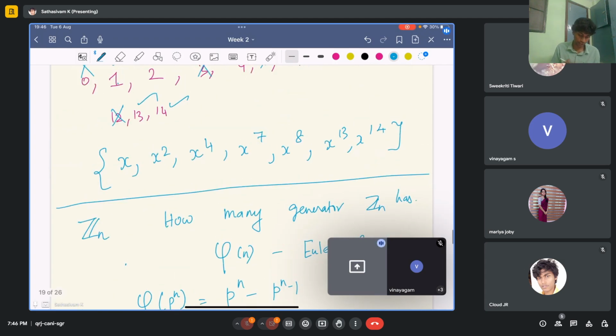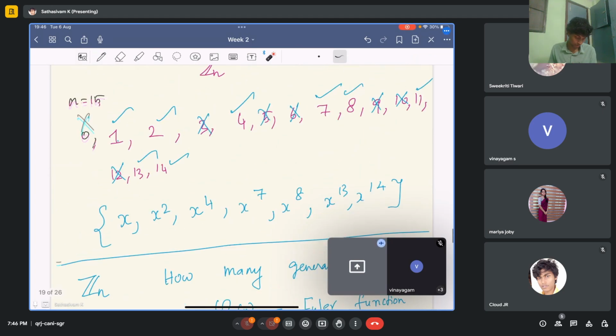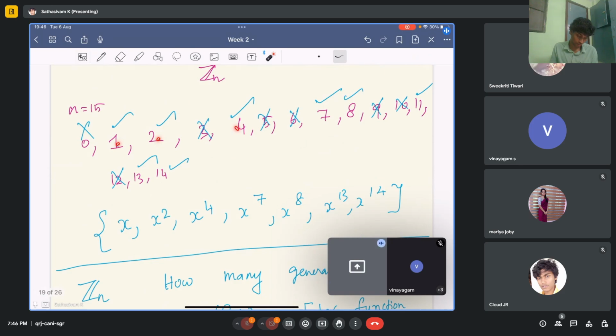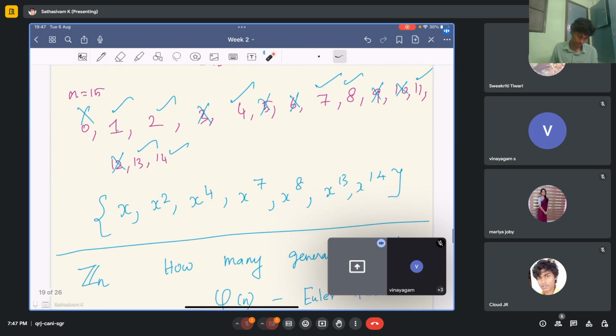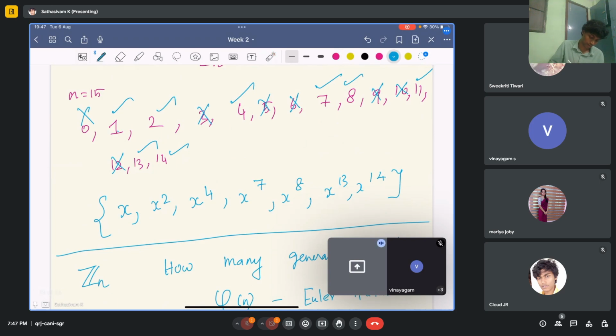Okay, let's check. We have 8 generators. 1, 2, 3, 4, 5, 6, 7. Oh, I think I missed one. 1, 2, 3, 4, 5, 6, 7, 8. Yeah, I kind of missed one. Which is the one I missed? Yeah, 11 I missed here.